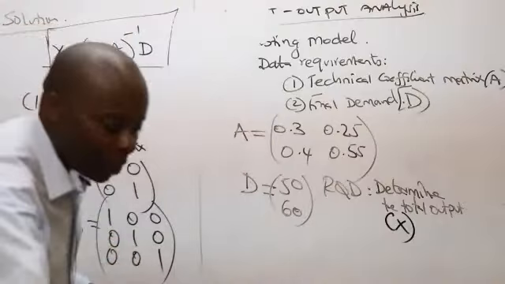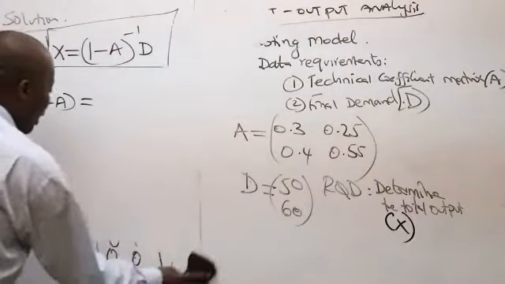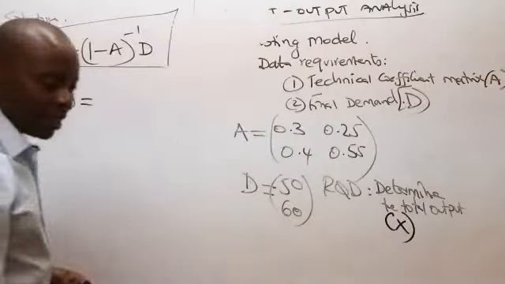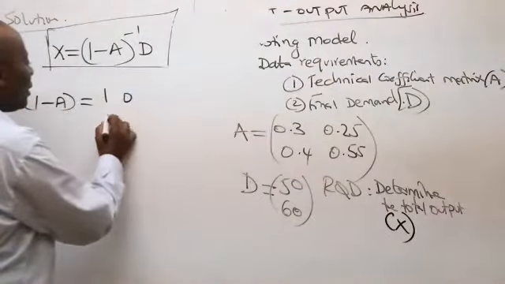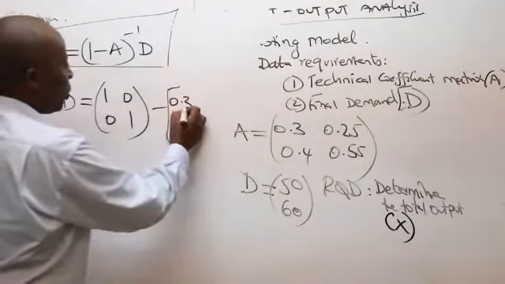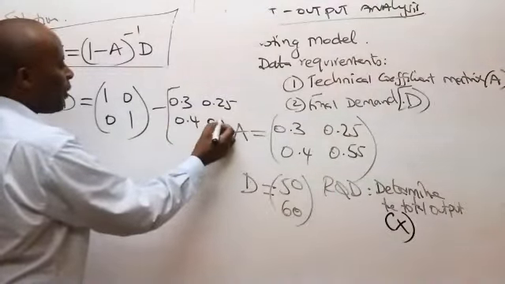So what I'll do, ladies and gentlemen, I'll come and see I minus A, and I can see what my I is. My I is 1, 0, 0, 1, like that, minus A which is 0.3, 0.25, 0.4, 0.55.